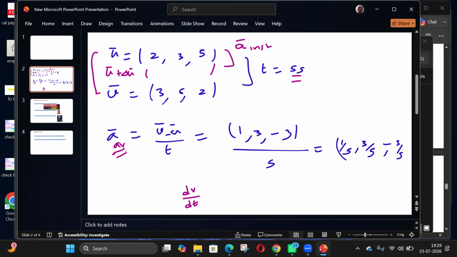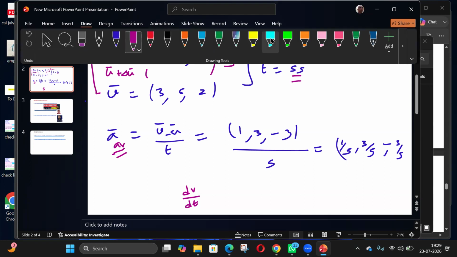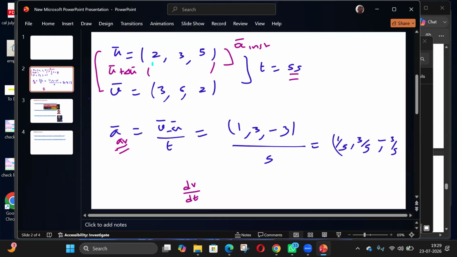Is that clear? Yes, sir. So what's your doubt now? Like if they give three vectors along the x-axis, y-axis, and z-axis, and one has some natural number c, an integer c, with k cap, then how to find the value of the integer c?